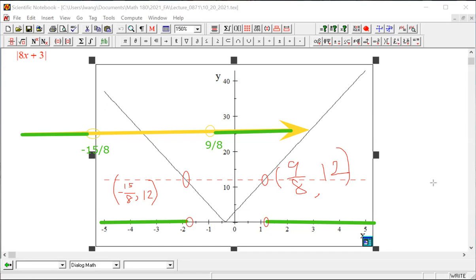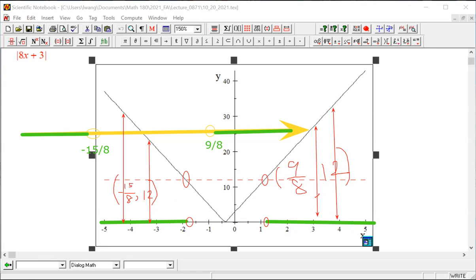Okay, that will be the picture on the V shapes. Okay, and all the outputs, right? All the outputs, they're larger than 12. Does that make sense? Same meaning, no difference.